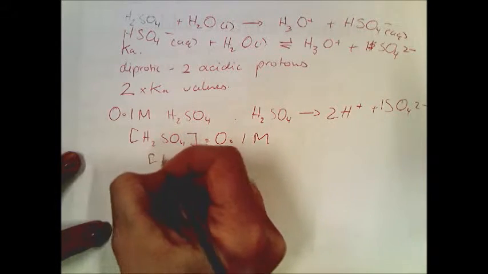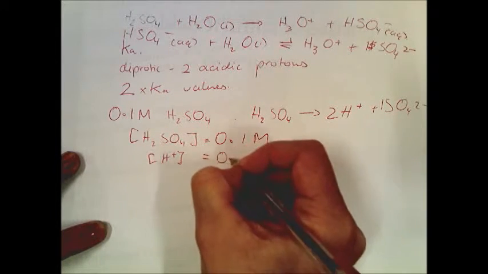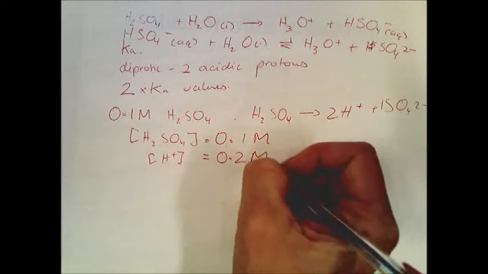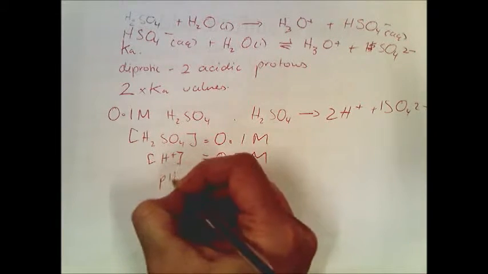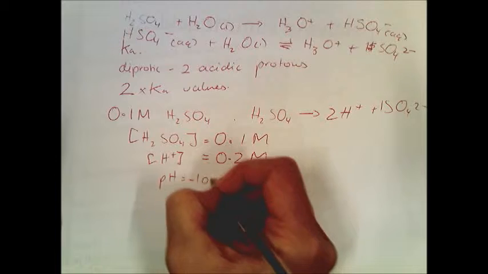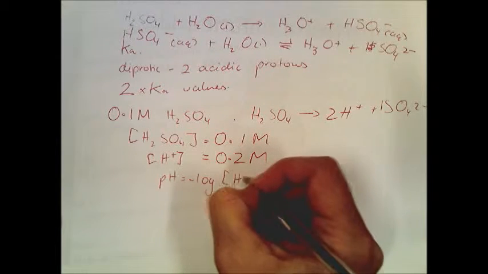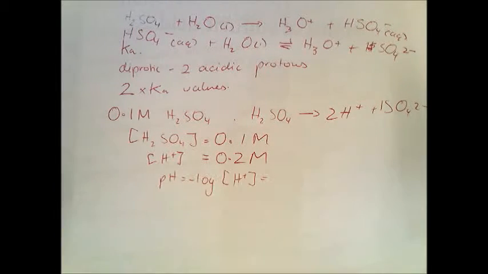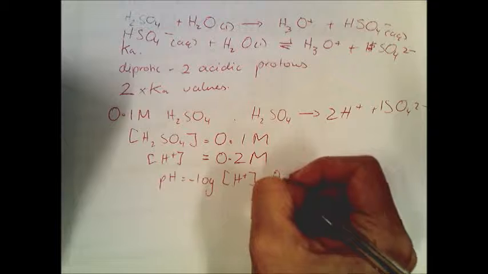So the concentration of H+ should be 0.2 M, and the pH should be negative log of the concentration of H+, equals negative log 0.2 equals 0.7.